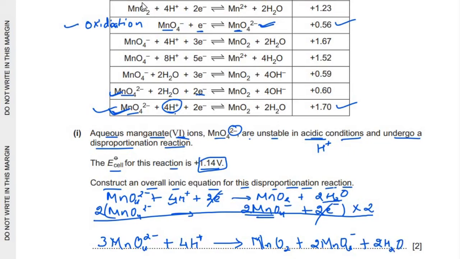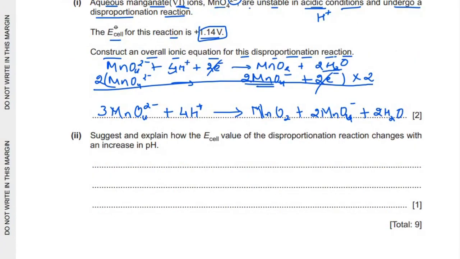Now just check if we are left with any species which we have forgotten writing. No, it's all done. We have added that in the correct ratio, that is 1 MnO2 and 2 MnO4-. So multiplying and writing the correct value is also important. This is the overall reaction for our equation shown here.